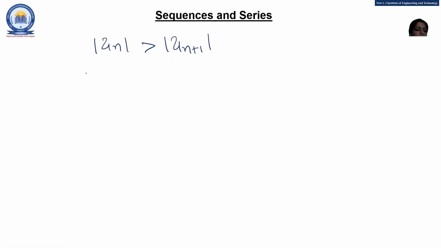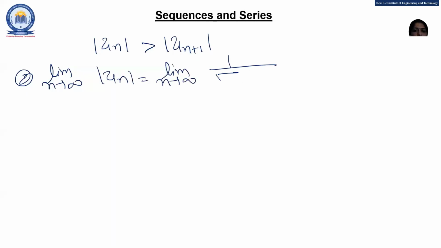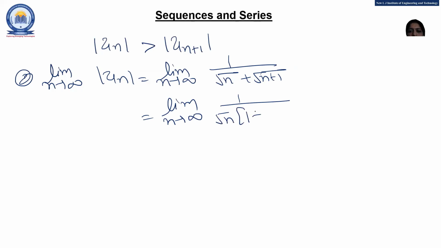Now for the second condition, limit n tends to infinity of |un|. What is our |un|? That is 1 upon under root n plus root n plus 1. If I take root n common, we get 1 plus under root 1 plus 1 by root n.